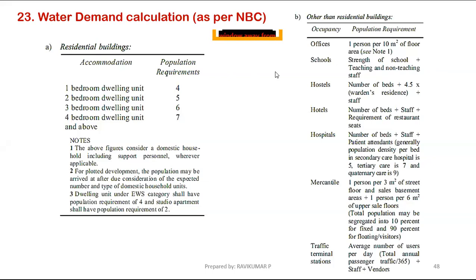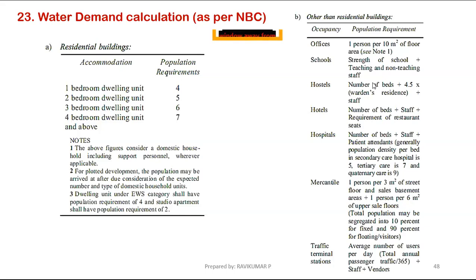So based on the NBC tables, you have to decide what type of building you are going to design. For the building, you have to take the occupancy rate from the population requirement table in the NBC. Based on that, you can come to know how many people are going to stay in this total area.